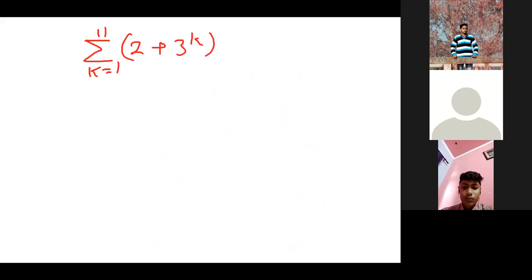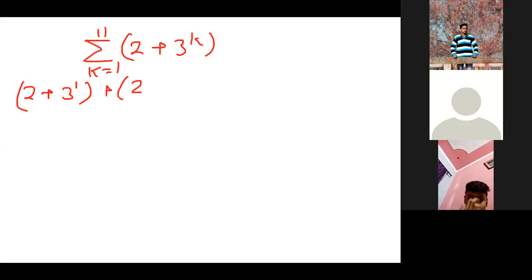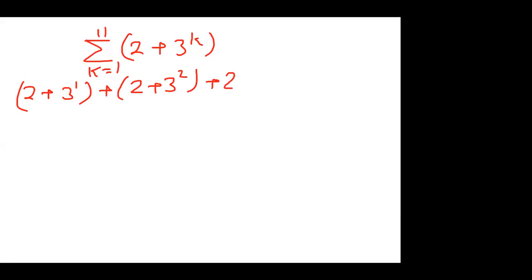Let us open it: 2 plus 3 to the power 1. The next term, k will be 2: 2 plus 3 to the power 2. 2 plus 3 to the power 3, plus dot dot dot. The last term will be 2 plus 3 to the power 11, so 11 will be the last term.